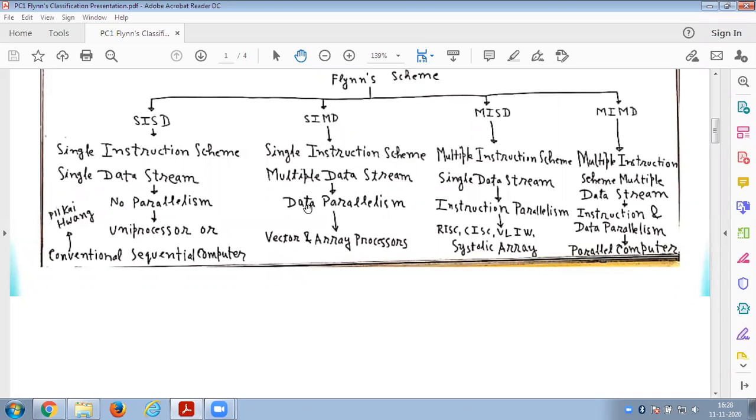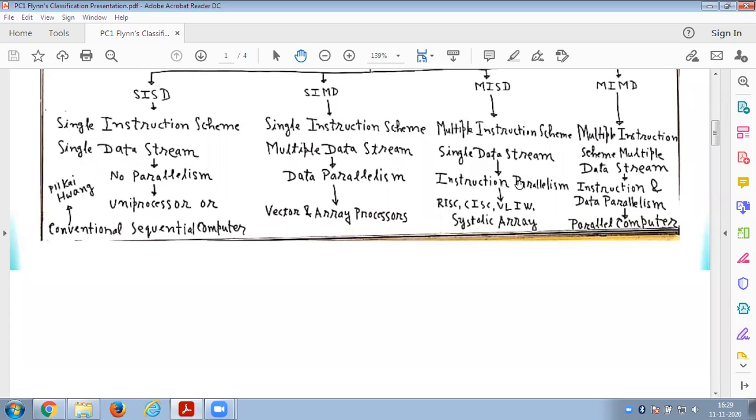In the SIMD category, vector and array processors are there. In MISD, instruction parallelism is implied, as I told earlier. Instruction parallelism is used in RISC, reduced instruction set computing, CISC, complex instruction set computing, VLIW, very large instruction word computers, and systolic arrays.